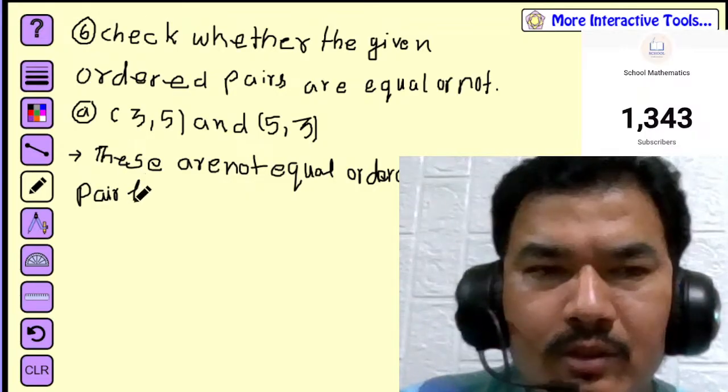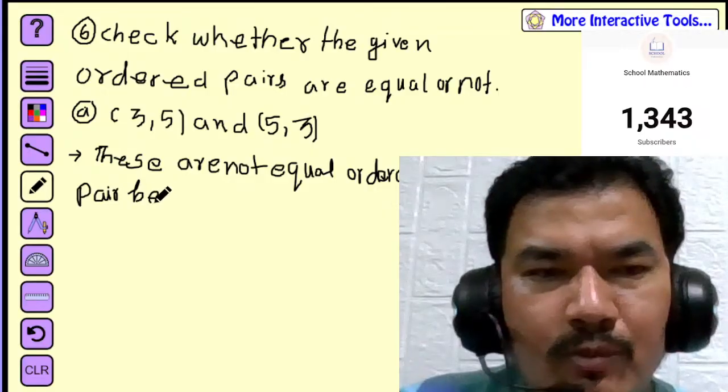These are not equal because the corresponding components are not equal.